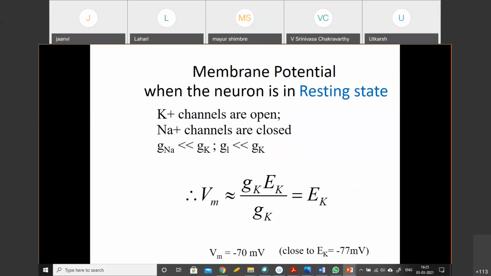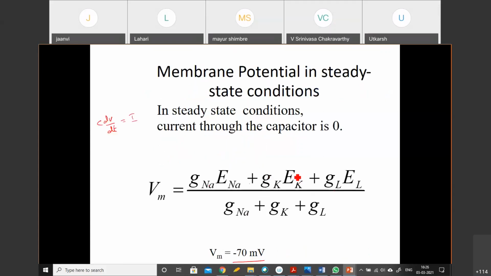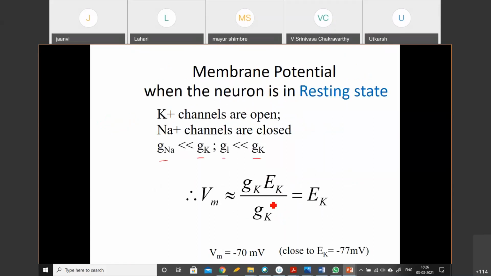So therefore, if you put this condition that GNa is much less than GK and GL is also much less than GK, you put both these conditions in this formula, what happens is in the numerator you are only left with GK and EK. In the denominator you're only left with GK. So you get something like this, which is equal to EK. Right? So the VM is approximately equal to EK when these conditions are satisfied.